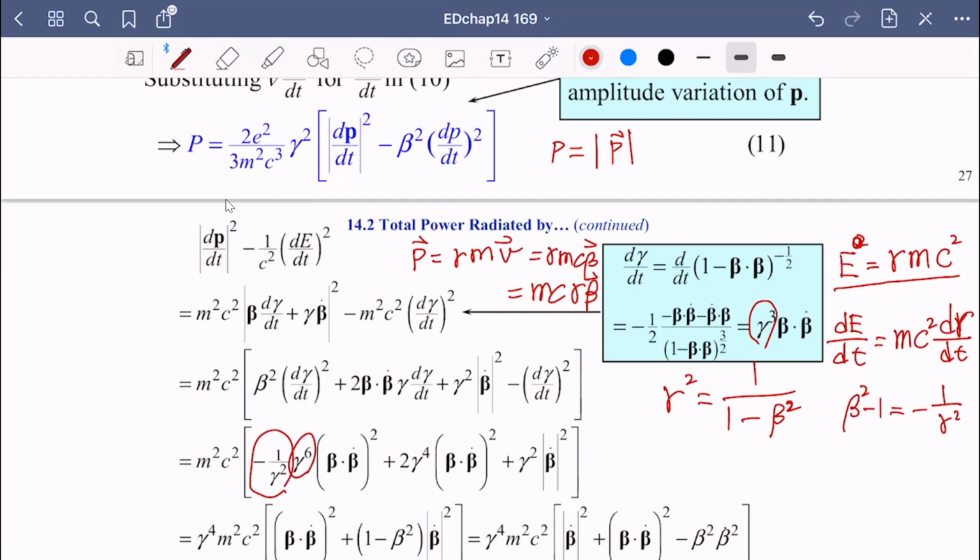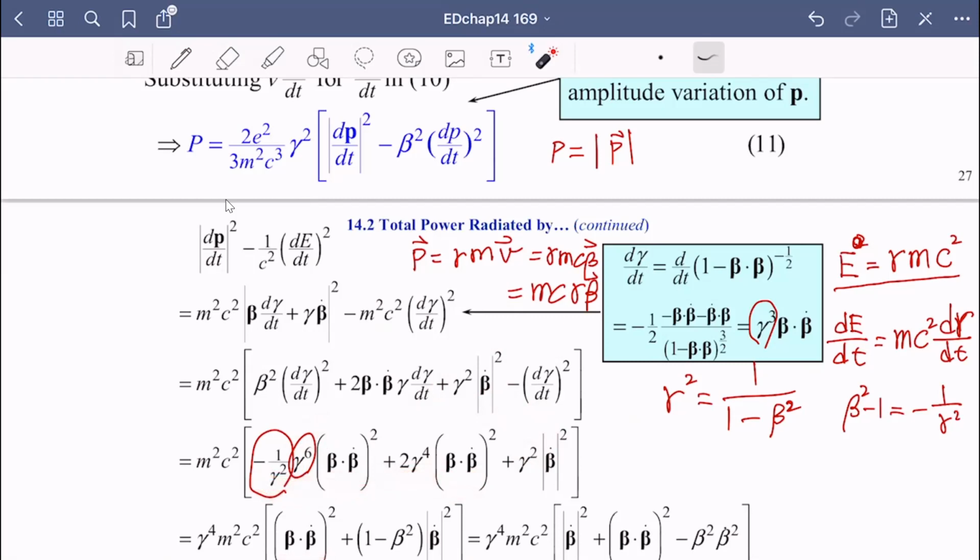What else? We have 3. Remember, this one can be replaced with this one. That's why it's beta dot beta dot. And this one can be replaced with this one. This one is the same. So we have beta dot beta dot, beta dot beta dot, and beta dot squared. So these two minus gamma to the 4th plus 2 gamma to the 4th. So we have 1 only, this one.